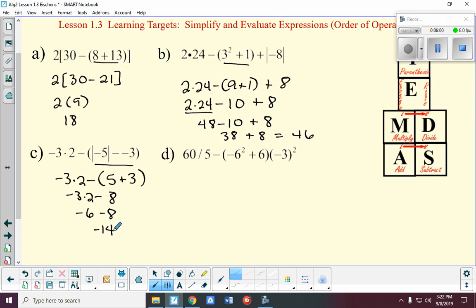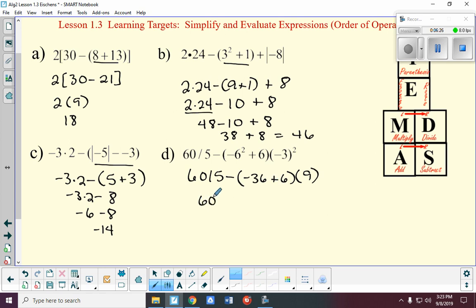And this next problem, we have 60 divided by 5. Here we have negative 6 squared, which is a negative 36 plus 6. And then this would be negative 3. Quantity squared would be a positive 9. So we have division here. So 60 divided by 5 is, so we'll first finish your parentheses.